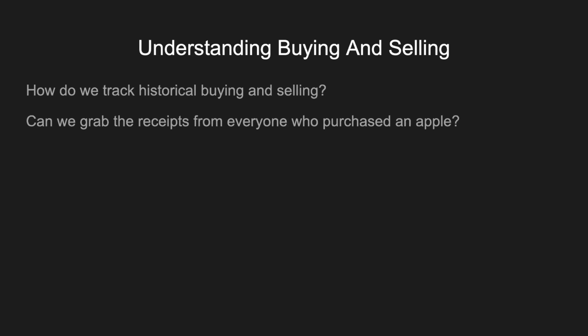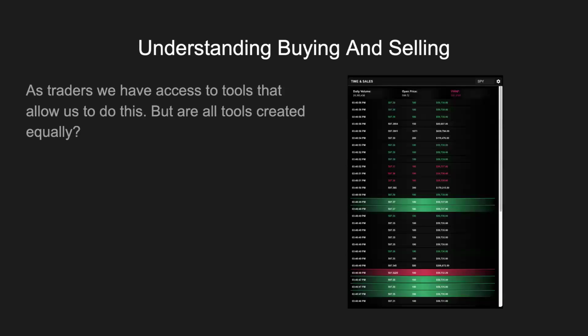It'd be a pain in the ass, right? That would suck. You'd have hundreds of receipts, thousands of receipts, millions of receipts. I don't know how many apples are sold. I didn't do that kind of math. A lot of apples, right? So you'd have a lot of receipts, and then you'd have to order them based on time, and then you'd have to average them all, and you'd have to know how many apples people bought. It's a little bit tricky, right?